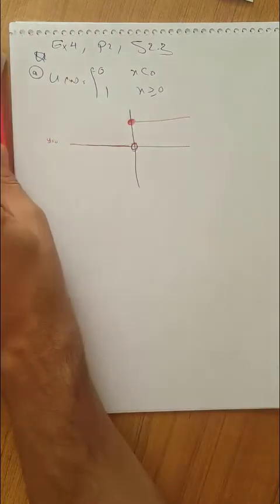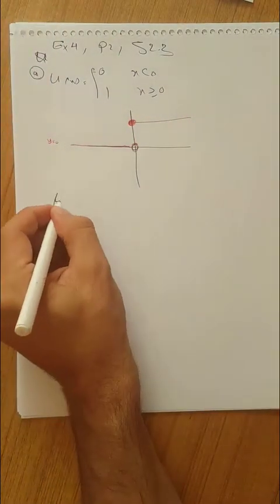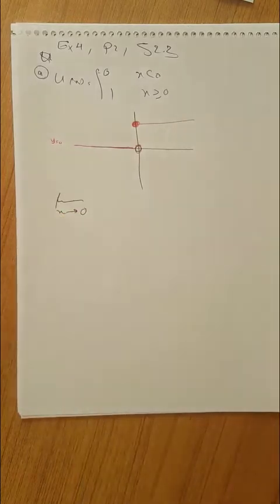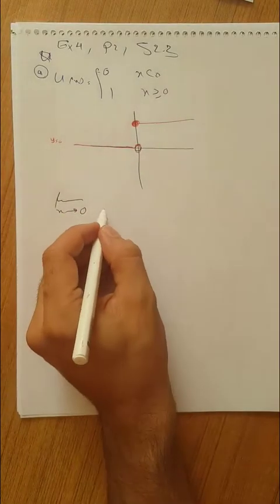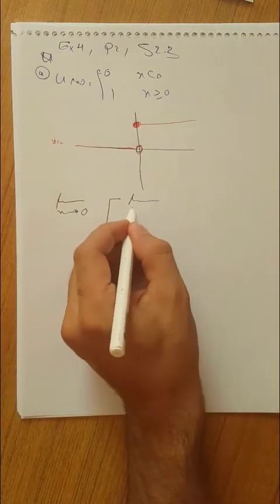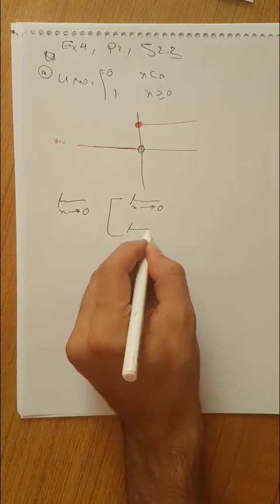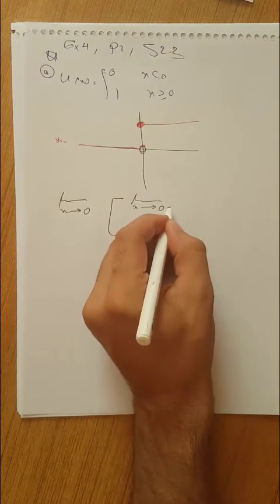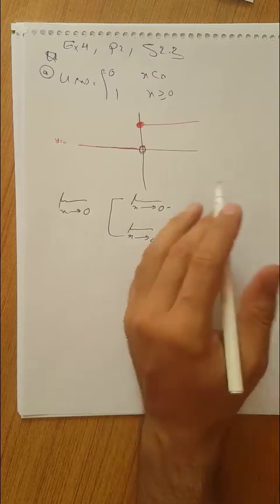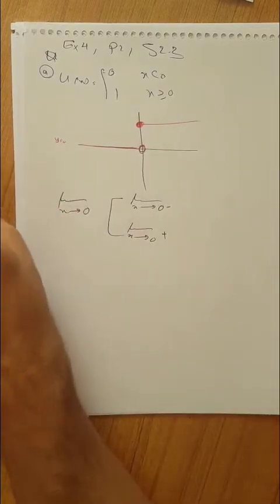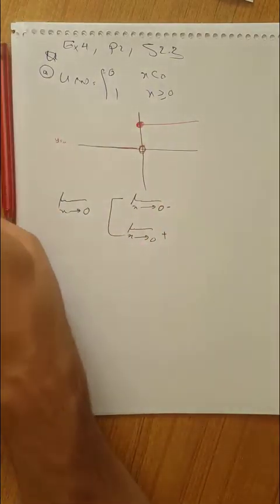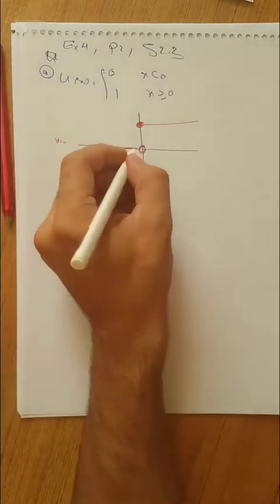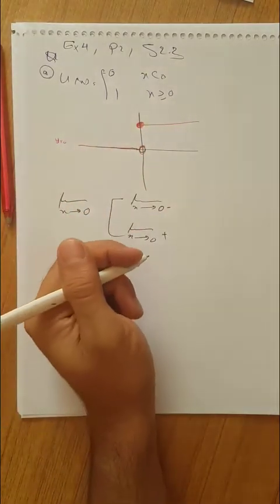Okay. So now I'm going to talk about the limit at 0. Because we have a break at this number, we separate the limit into 2 parts, negative part and positive part, left and right of 0. We are going to talk about 0 because this is the critical point here. Later I will ask you about 1.